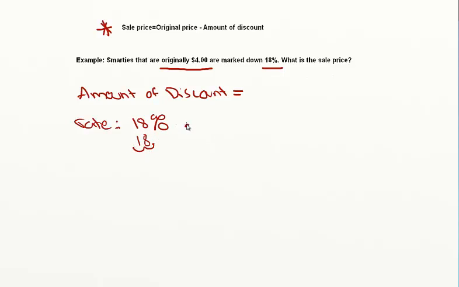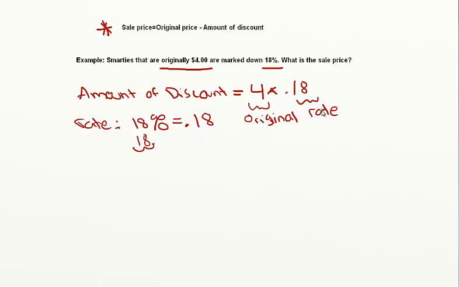So we're going to get 0.18. So our amount of discount is $4 times our 0.18. So this is the original price, and this is our rate of discount.